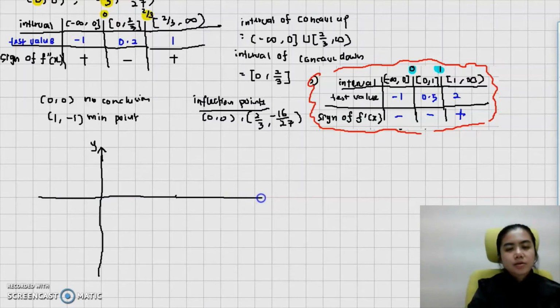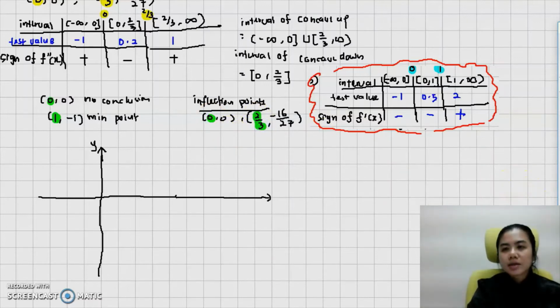Let's look at the points of x first. The x values that we require are 0, 1, and 2 over 3.